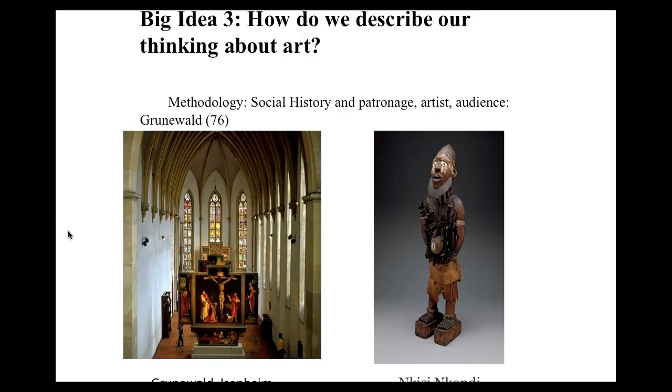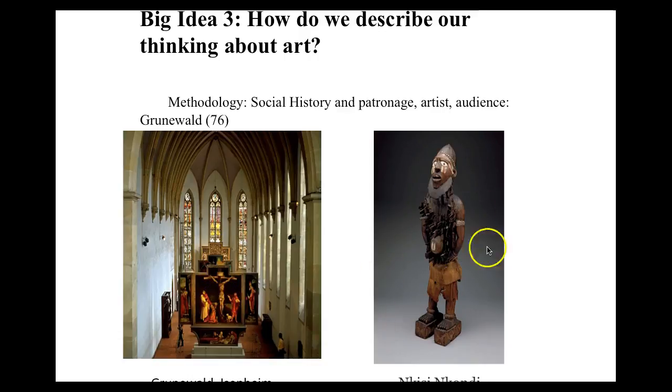So if we look at these two pictures, they are a methodology of social history, patronage, artist, audience. So we have this image by Grunewald. And to us, what do we think about this picture? Based on what the artist created, you're using your own brain to come up with, this is what I think the artist was trying to show me.